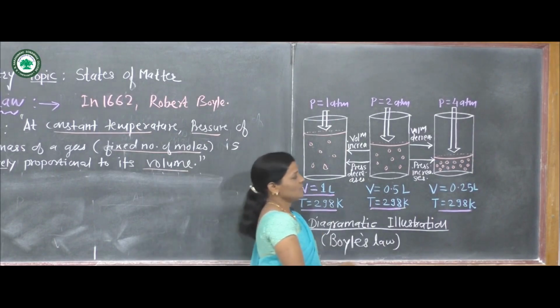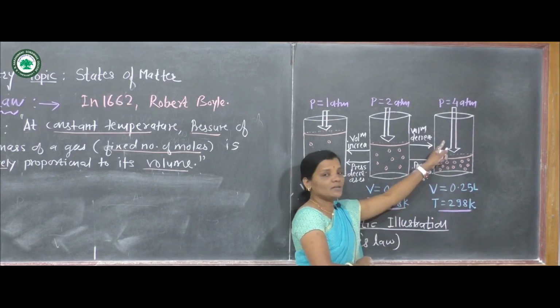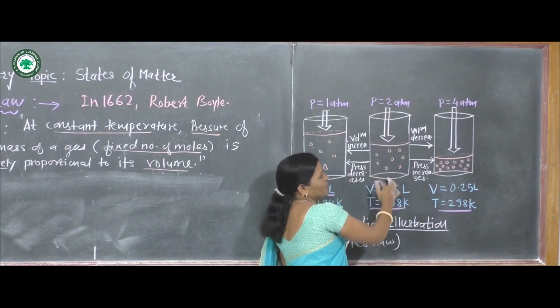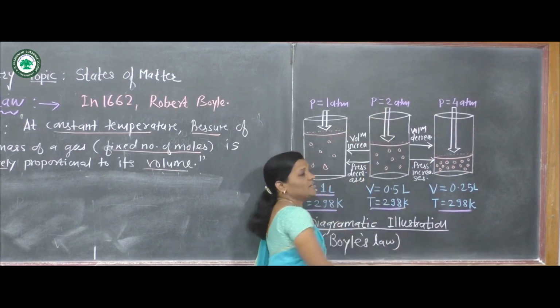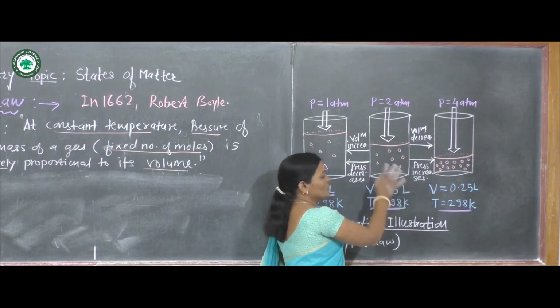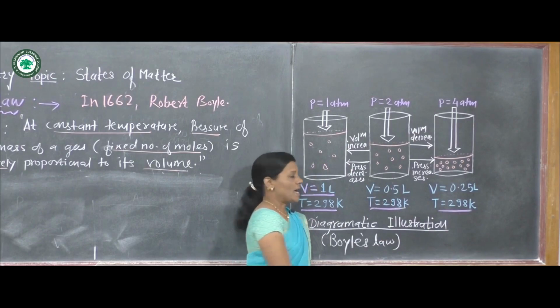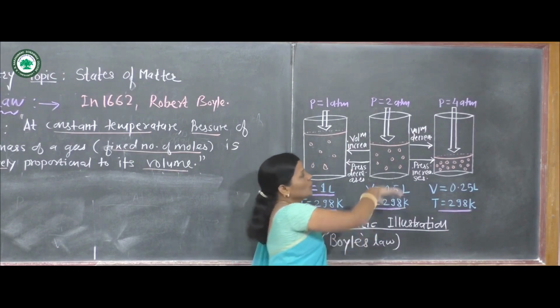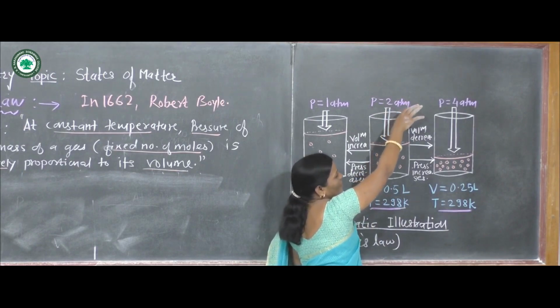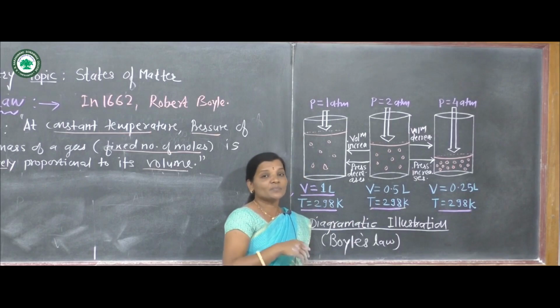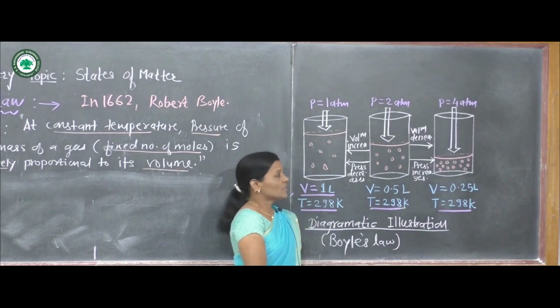Now let us see the next container. In that also gas is filled. What is the pressure applied? That is 2 atmospheric pressure, volume is 0.5 liter and temperature remains constant, that is 298 Kelvin. Now if pressure is doubled, that is, pressure is increased, what happens?